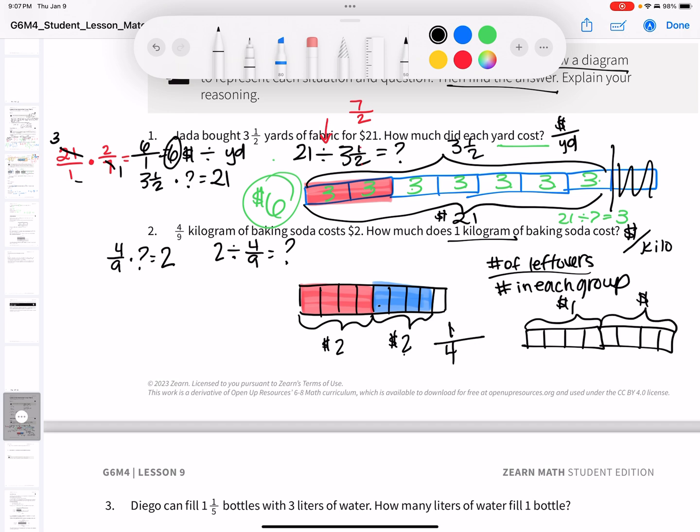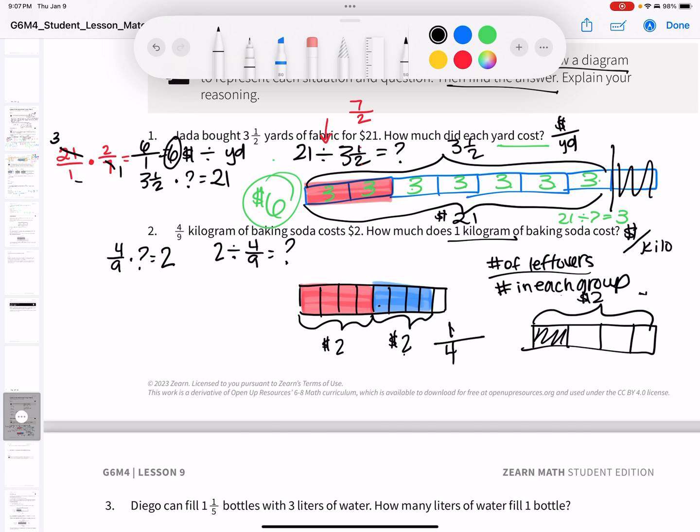And we need 1/4 of $2. Ooh, I did not need to draw in because we're doing $2. I apologize. So this is $2, and we need it in fourths.